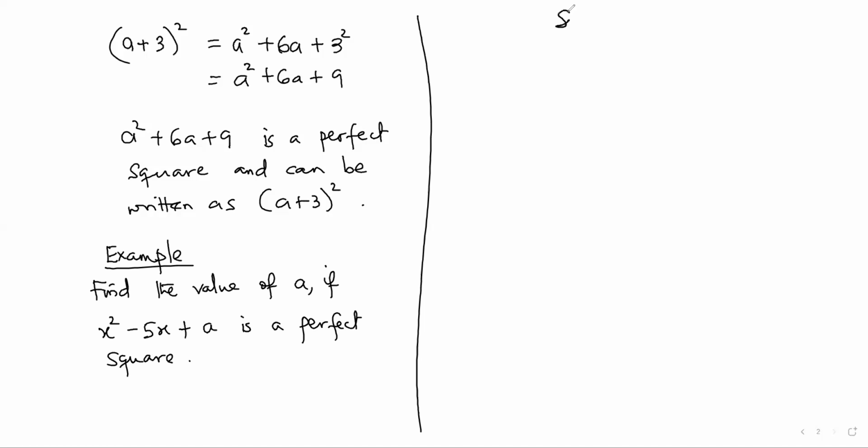Okay. So to solve a question like this, what we need to do always is to half the coefficient of x. The number attached to x is the coefficient of x. So the coefficient of x is minus 5. So we multiply by half, and we'll get minus 5 divided by 2.